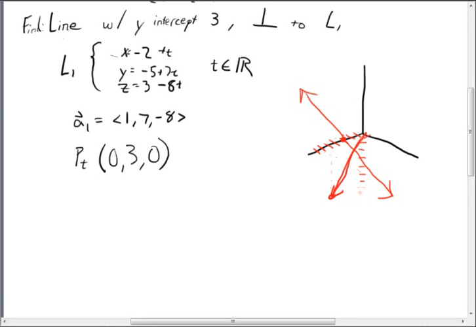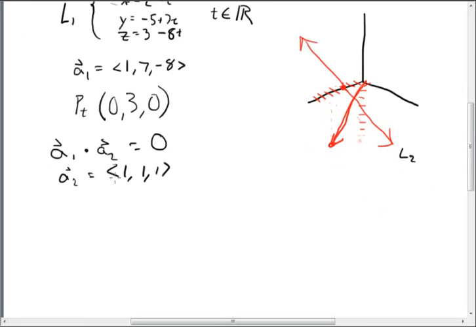Well, we remember that perpendicular vectors have a dot product of 0, so A1 dot A2, we'll call this line L2, is equal to 0. So we've got to find some vector whose dot product with A1 is 0. Well, 1 times 1 plus 1 times 7 plus 1 times negative 8 is 0. So we could define A2 to be the vector 1, 1, 1.